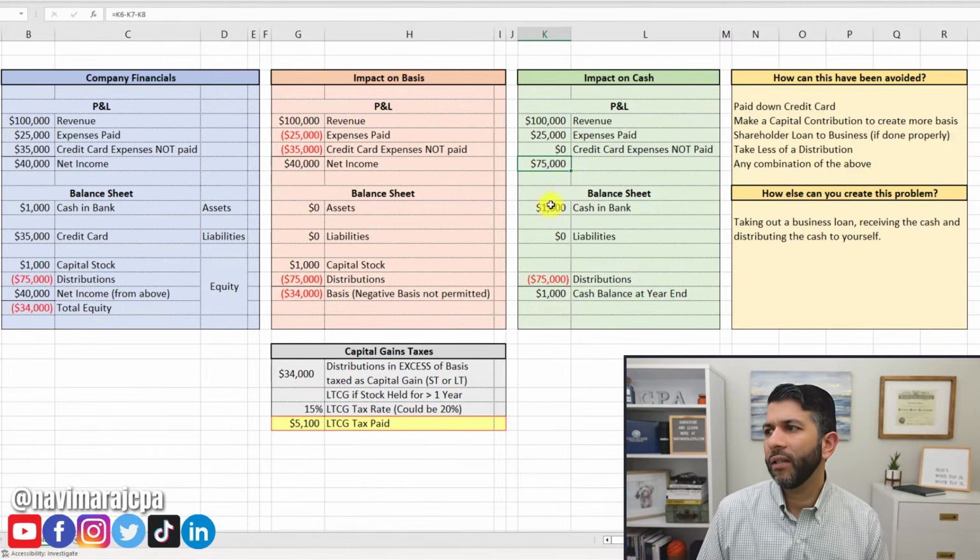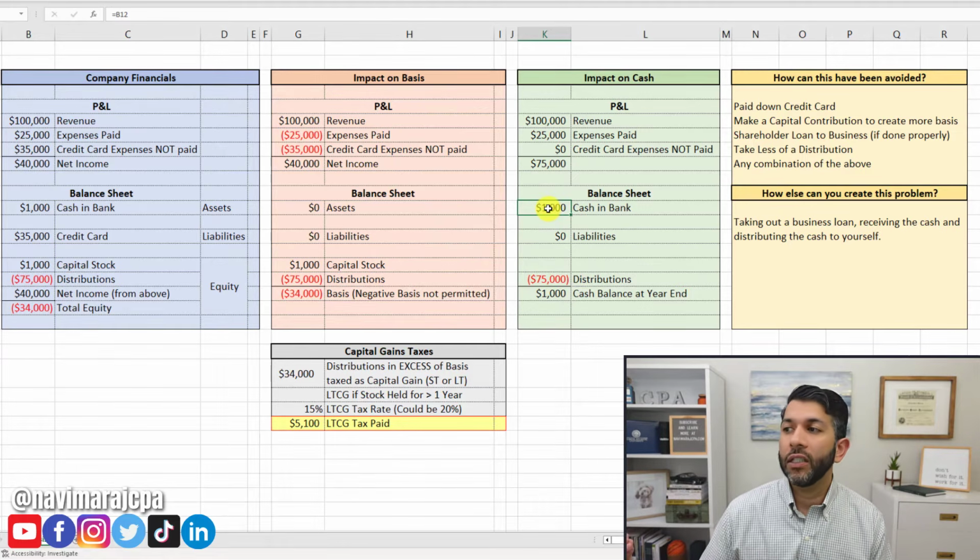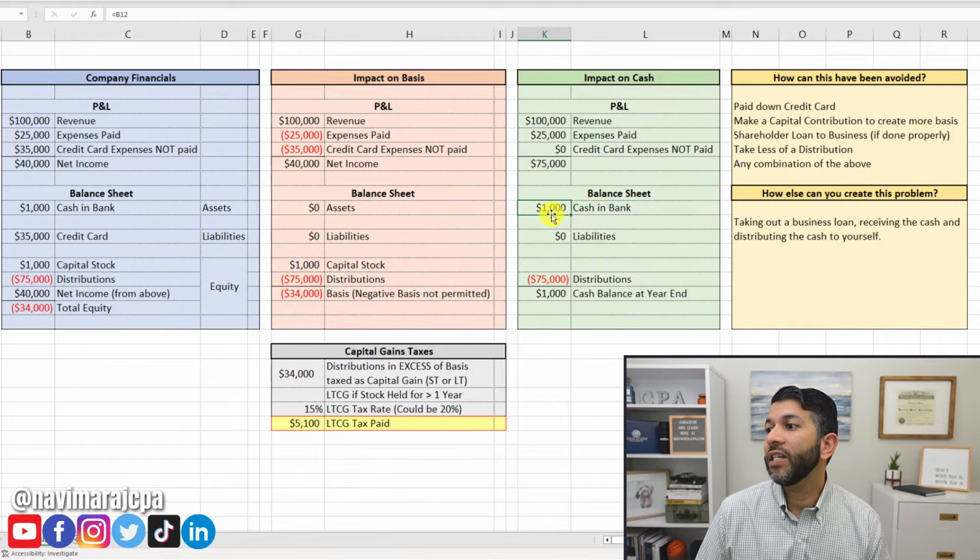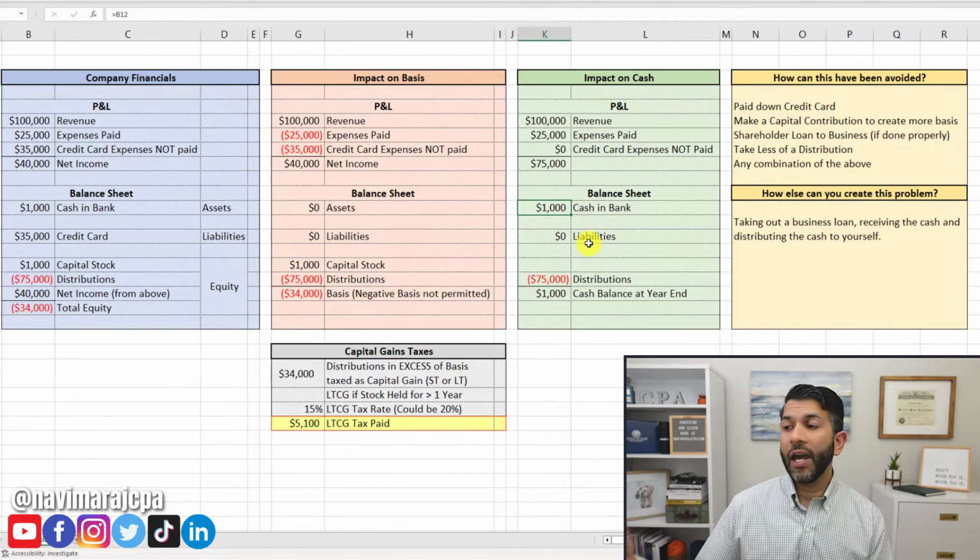Now, what else is happening in terms of cash? Well, you have that $1,000 that you invested, your capital stock. You still have that. So you really have $76,000 in cash at that point. Your liabilities don't really affect your cash. That's why they're a liability. You still owe them.